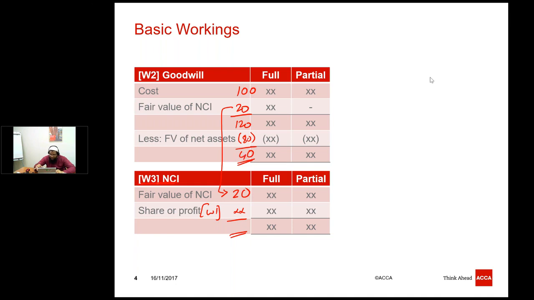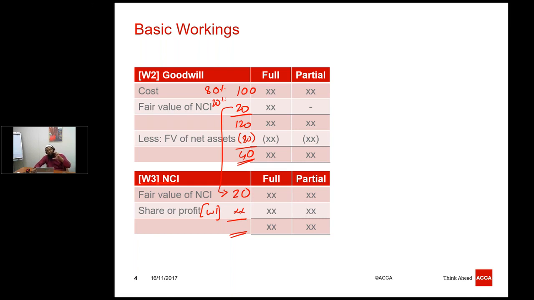Simran still thinks fast. Let me read again. Simran, I am the parent. I have purchased 80% of the subsidiary's shares for $100 million. I've paid $100 million as the cost. And the fair value of the remaining 20% shares is, let's suppose, 20 million.